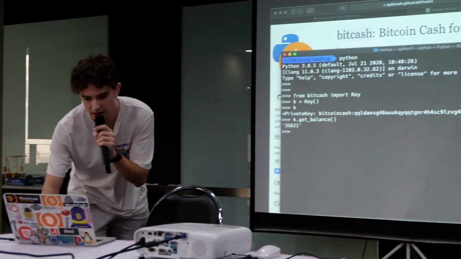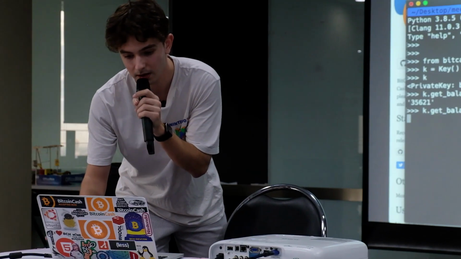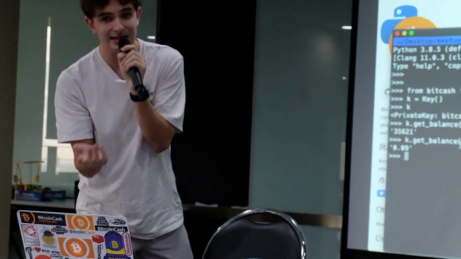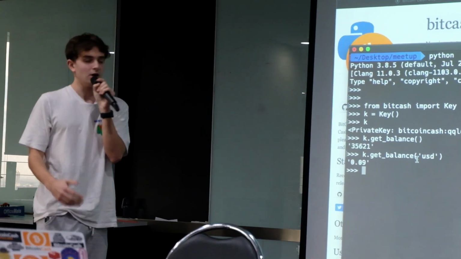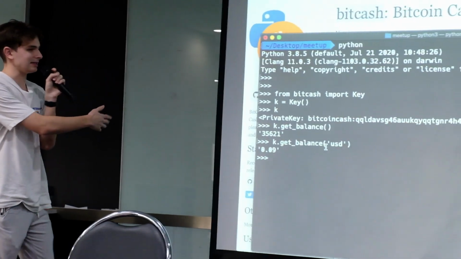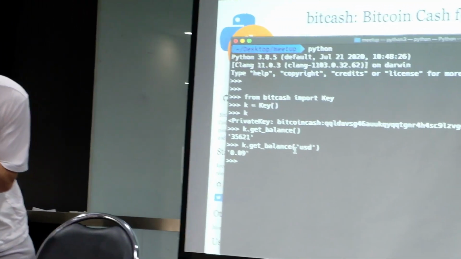But what you could do is get the amount in US dollars. So you just pass the USD argument. So I actually sent 10 cents, but because of the different rates, this calculated to 9 cents. But basically I sent 10 cents, and there's 10 cents of US dollars in this wallet.